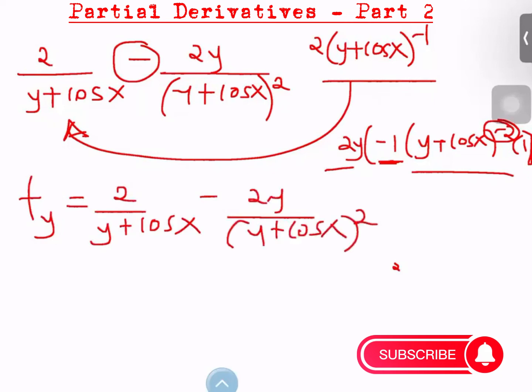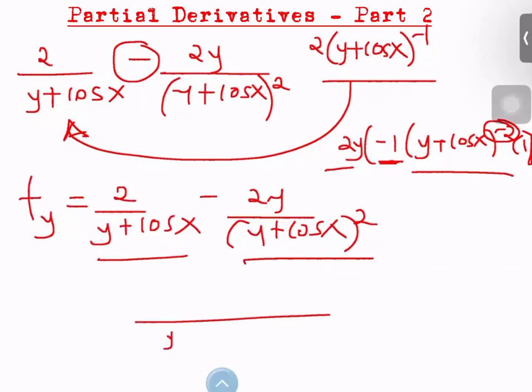We can simplify this further. We have to get the LCM of y plus cos x and (y plus cos x) squared, and the LCM is (y plus cos x) squared.